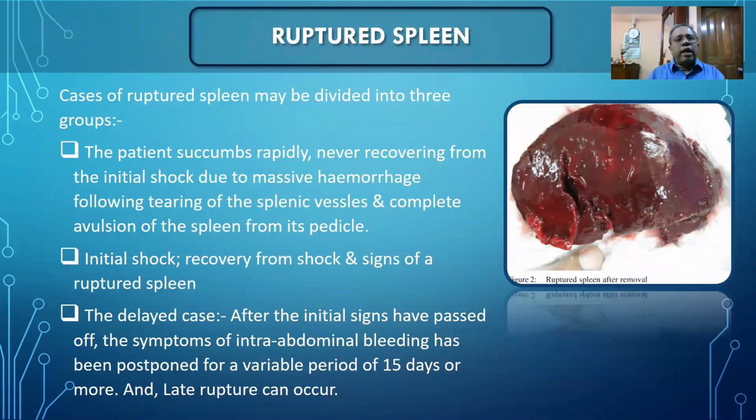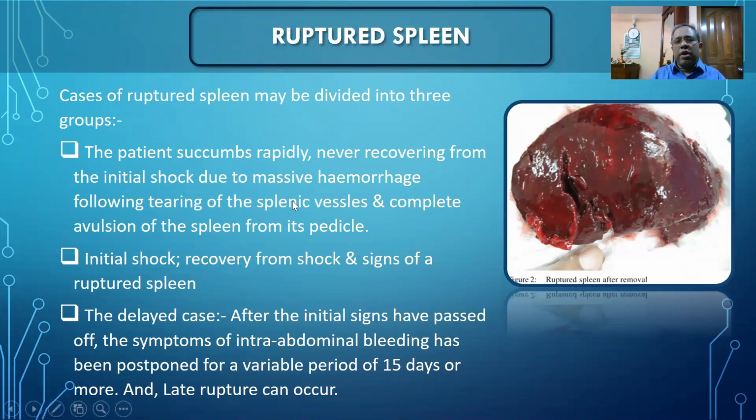Cases of ruptured spleen may be divided into three groups. In the first, the patient succumbs rapidly. There is a trauma, and the patient deteriorates very rapidly, never recovering from the initial shock due to massive hemorrhage following tearing of the splenic vessels.